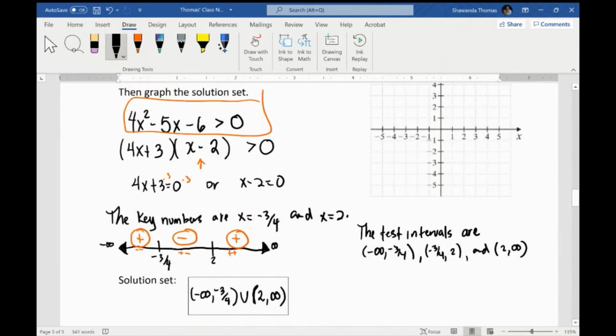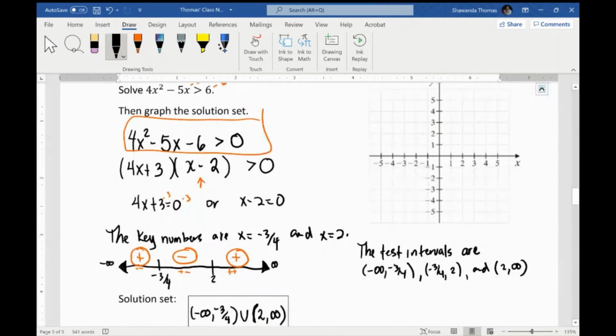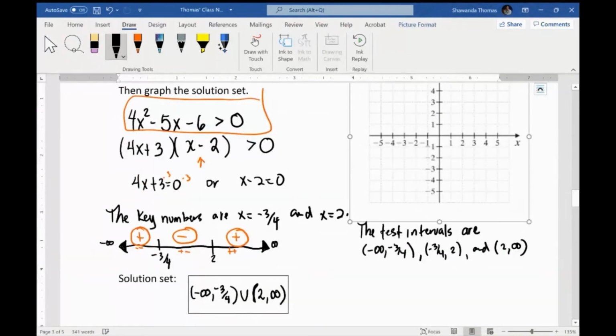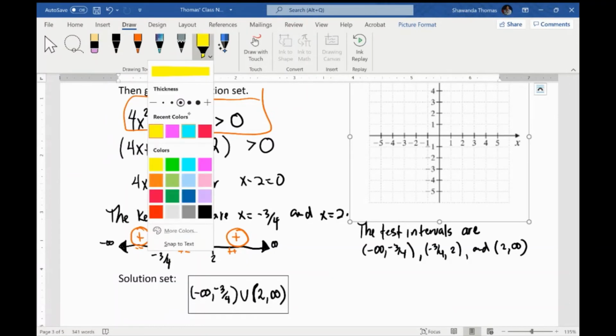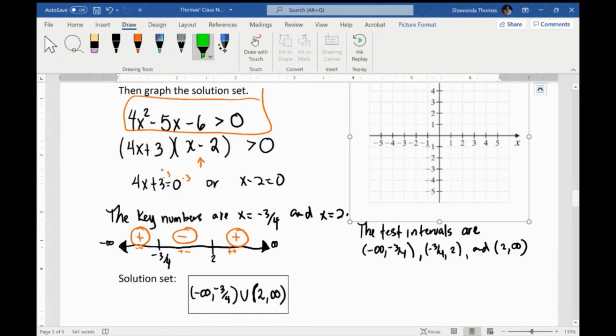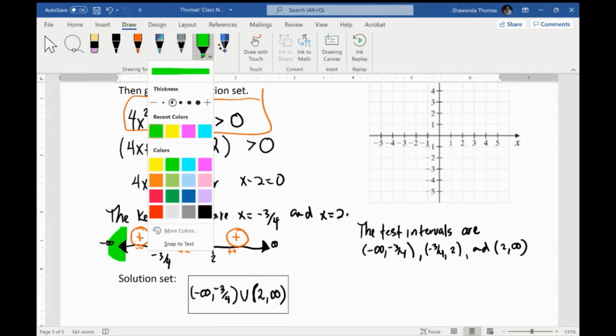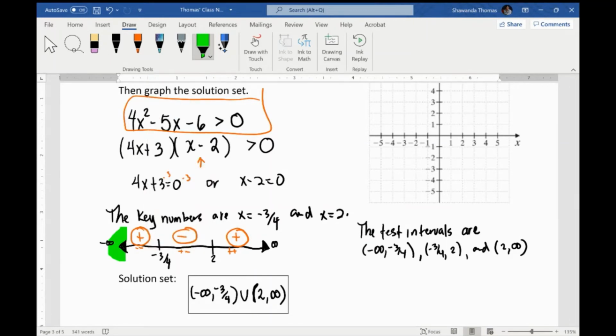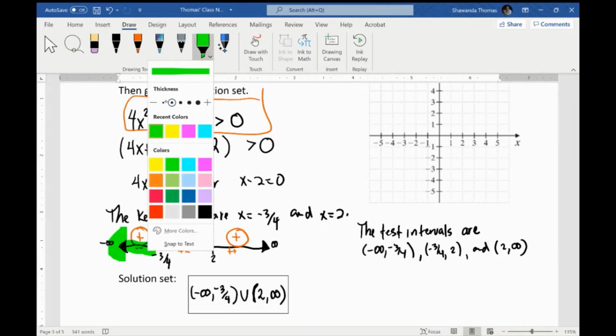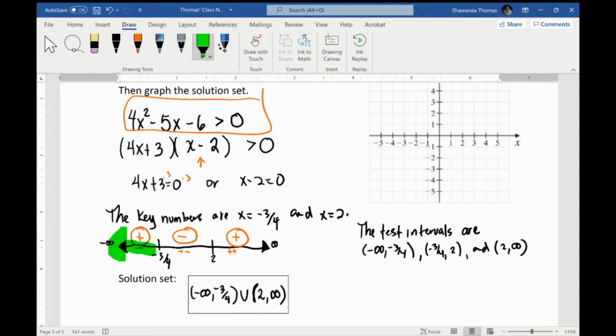Dr. Thomas, can we graph that one? Not on that graph, but on the number line, because I'm kind of confused on it. Okay. So all it's saying is, from here to here, then of course parenthesis, right?